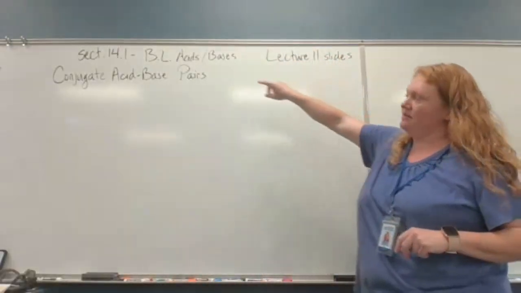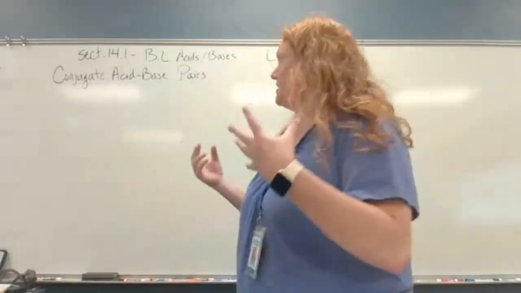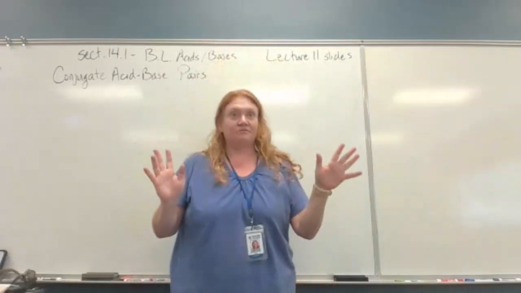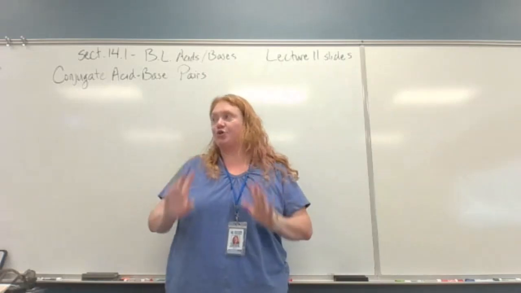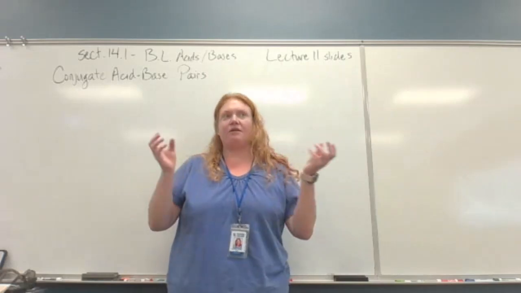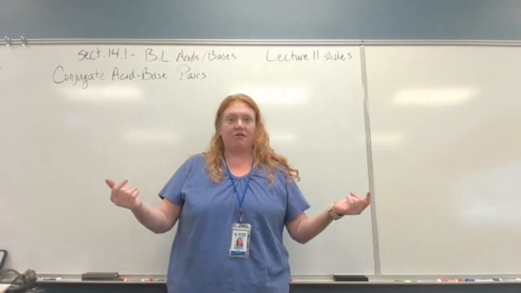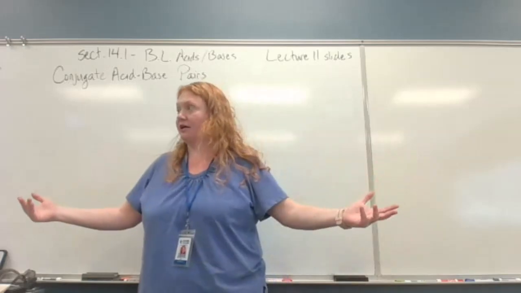Let's talk some more about those conjugate pairs, okay? Bronsted-Lowry acids and bases, because the whole definition for Bronsted-Lowry is that it's about a transfer between things of a what? Hydrogen ion, an H+, or what we call a proton, okay?